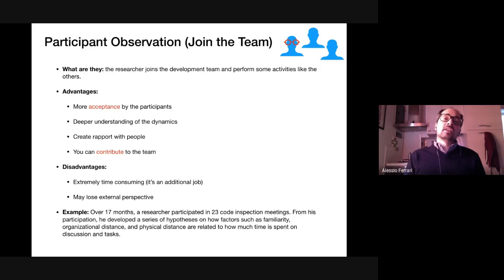So you unavoidably bias the research, although you get more meaty information, more deep information.